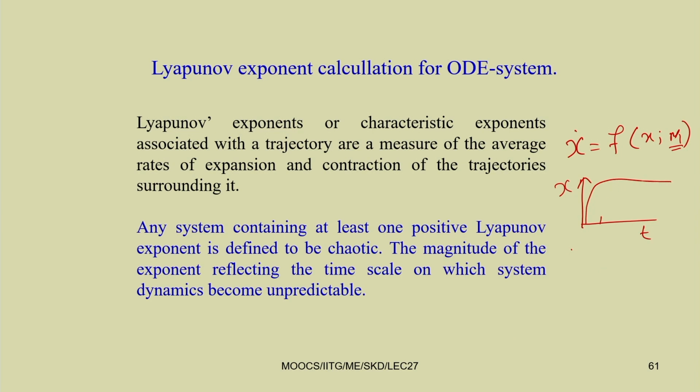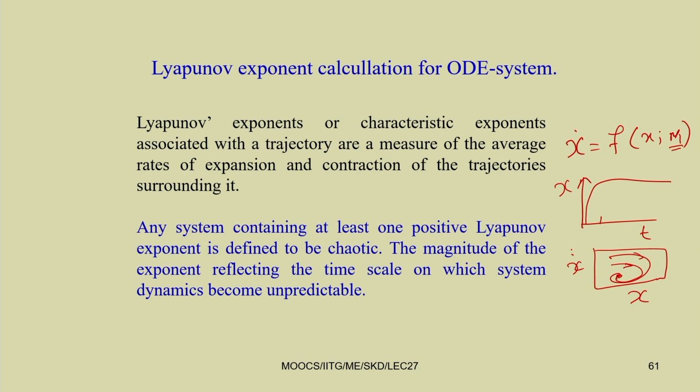In case of the fixed point it goes to this. If you plot it in the phase portrait, x versus x dot, you start with this point and it will go to this. That thing you have seen in the basin of attraction. You start with some other point, it will also go to the same point. You start with a third point, it will always go to the same point.